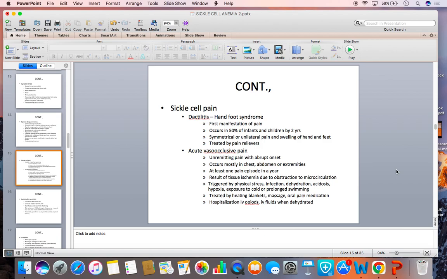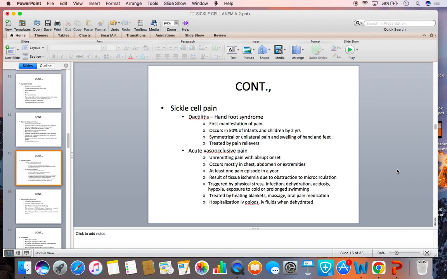It is common in the extremities in the early age. In the later part of life, the pain occurs in the abdomen and chest. At least one pain episode in a year. Result of tissue ischemia due to obstruction to microcirculation.